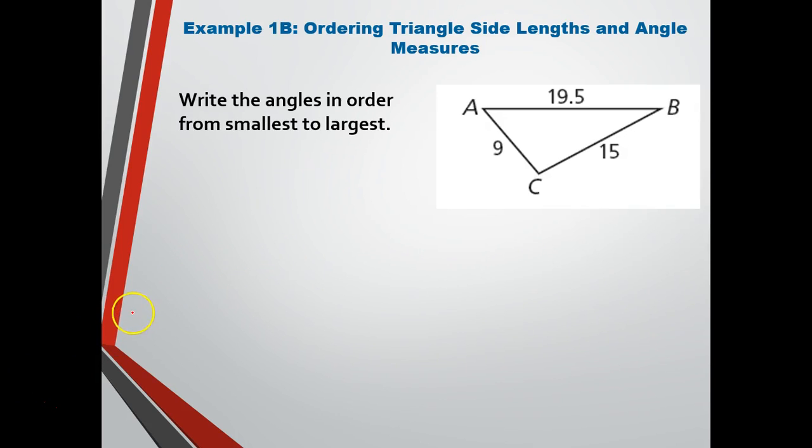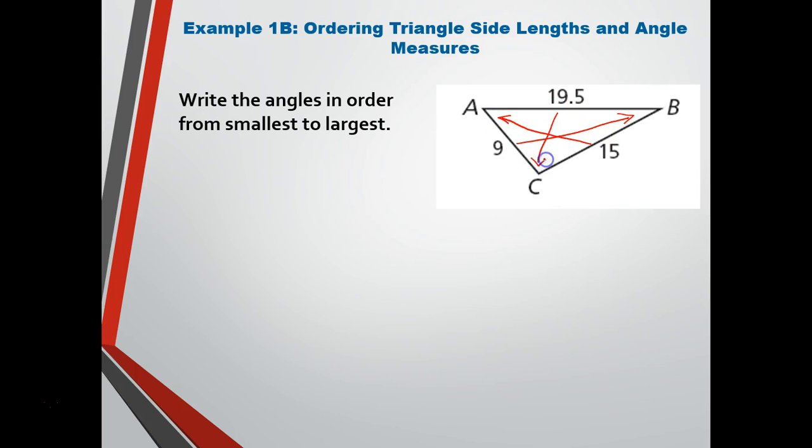Okay, now let's do it again. Name these angles from largest to smallest. Okay, so I'm just drawing the lines of the things that are the angles that are opposite of these sides.